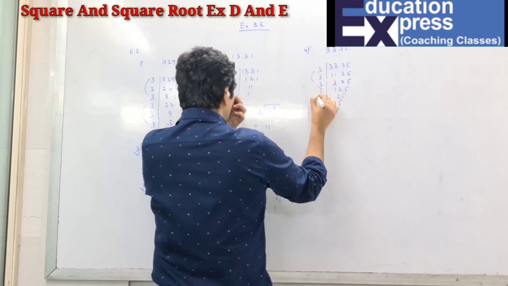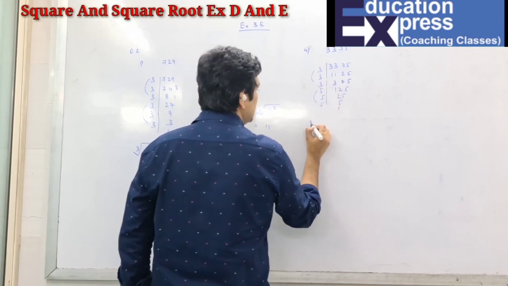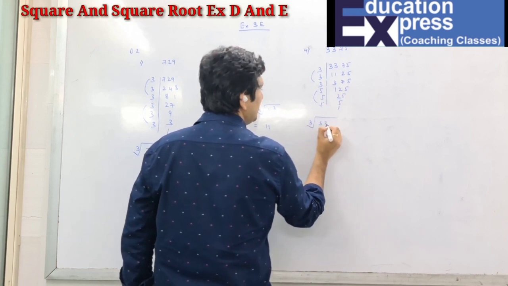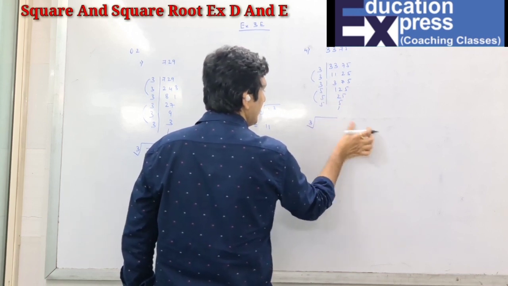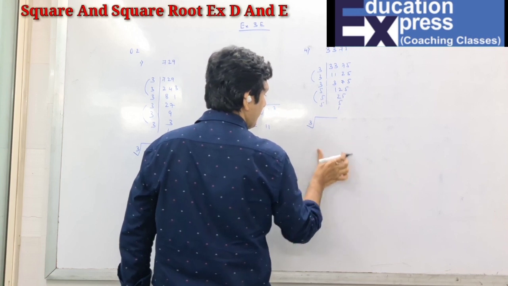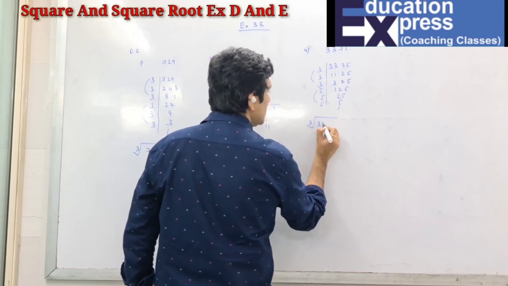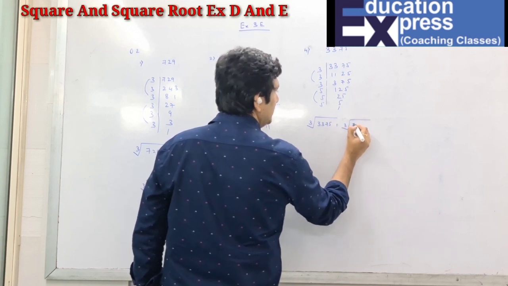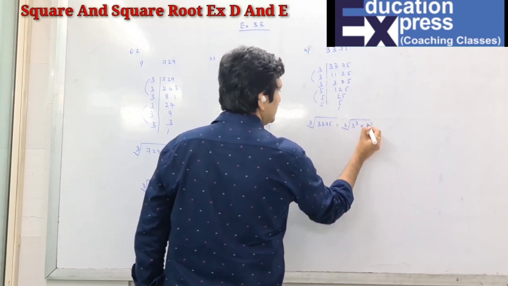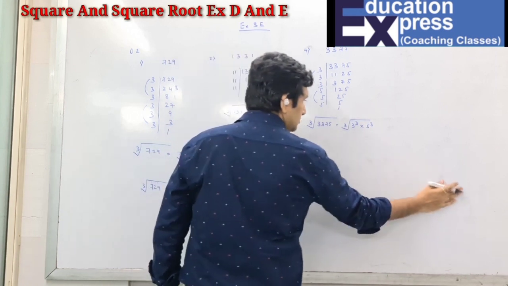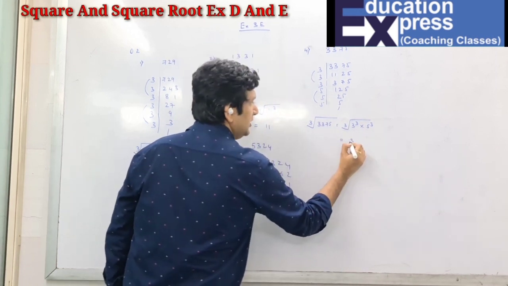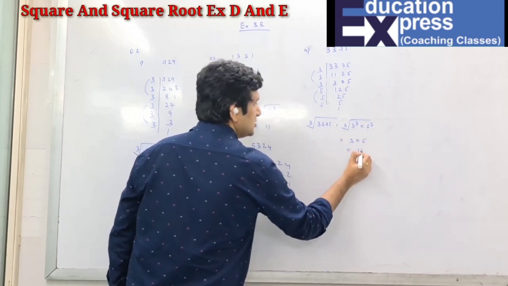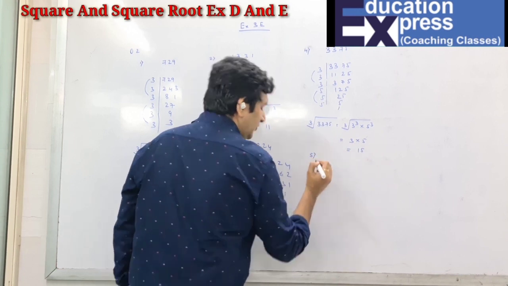Yeah, so here we have a group of 3 and a group of 5 also. So cube root of 3375 is possible. 3 cube and 5 cube. That is 3 into 5. The answer is 15.